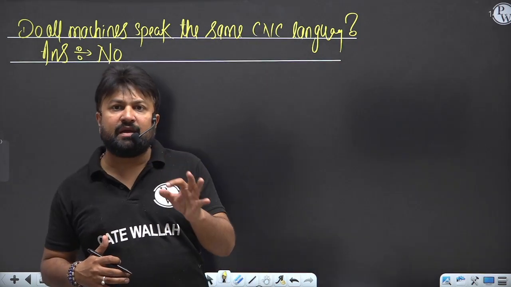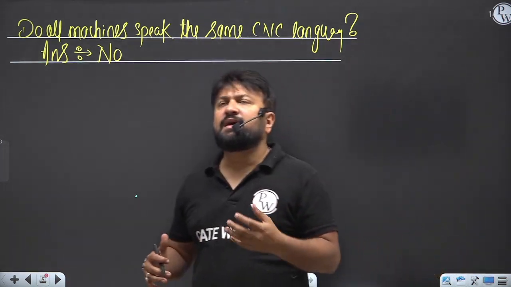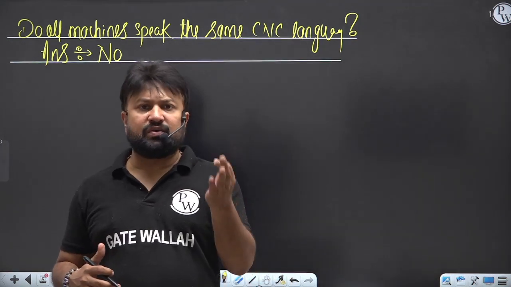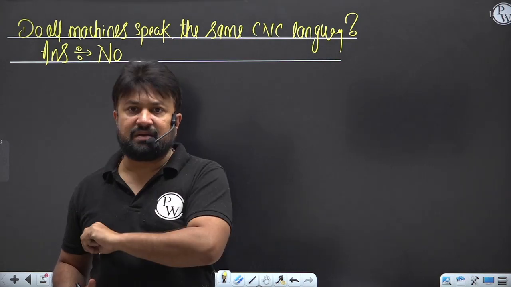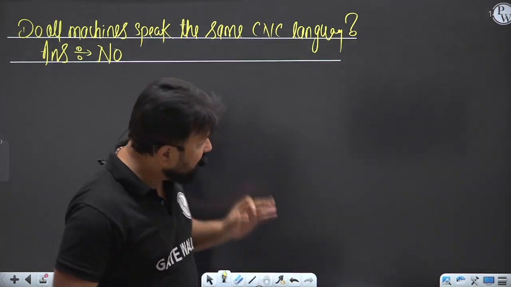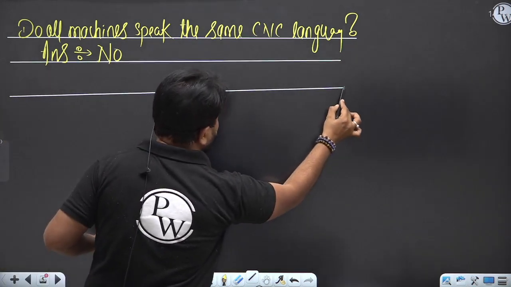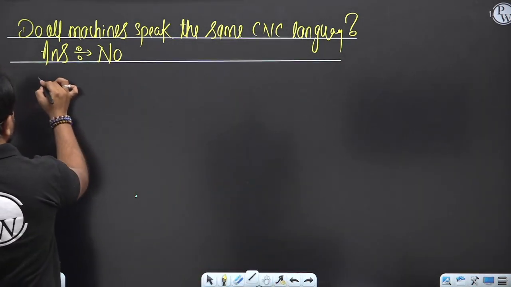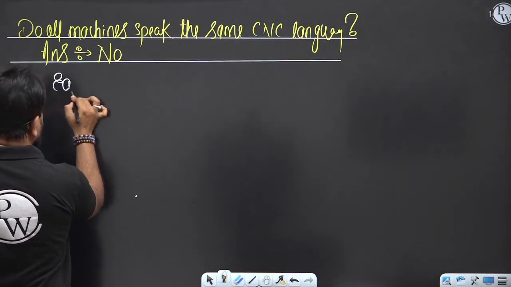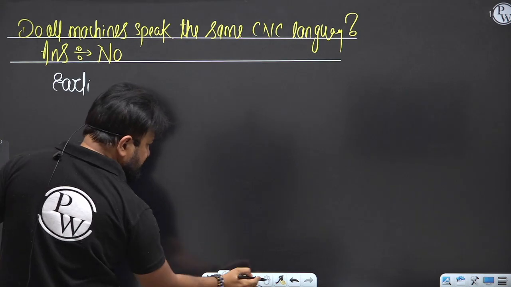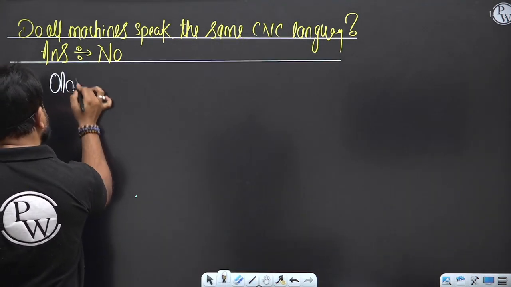For example, let's say there is the code G00 command. Let me write down old CNC.